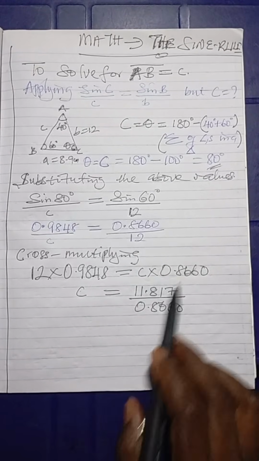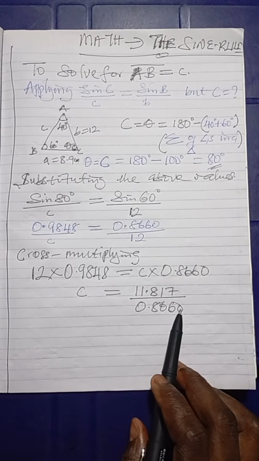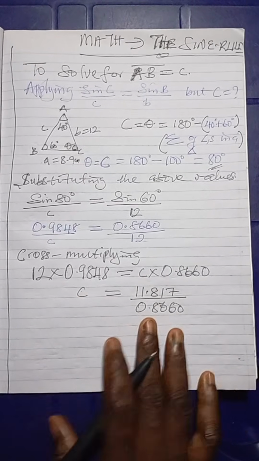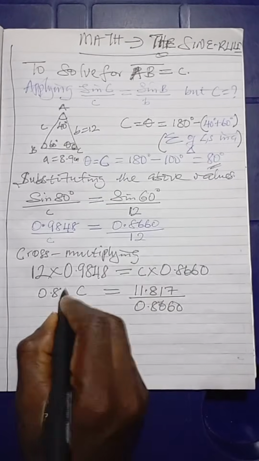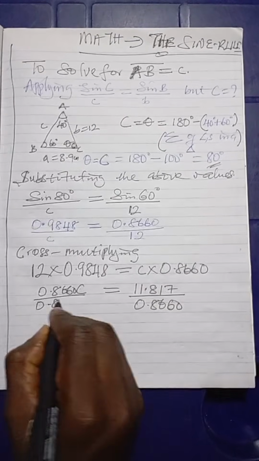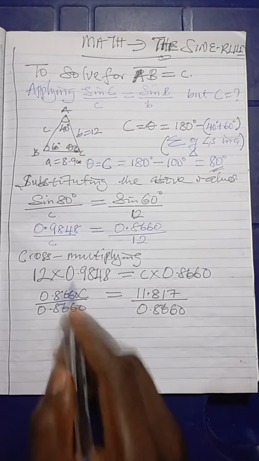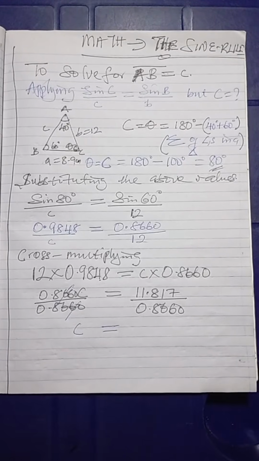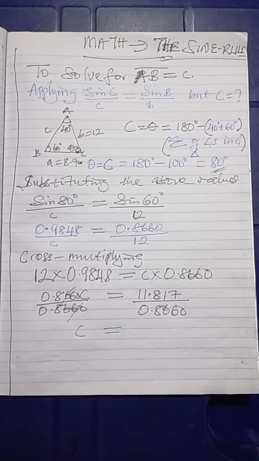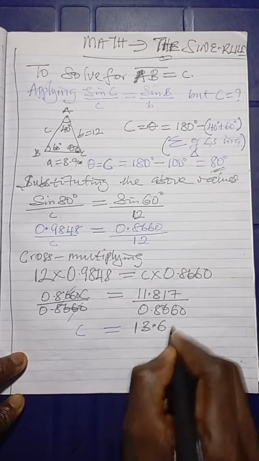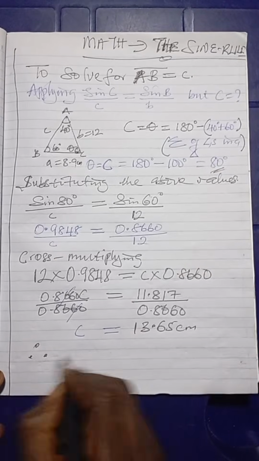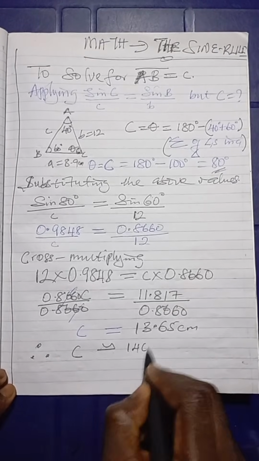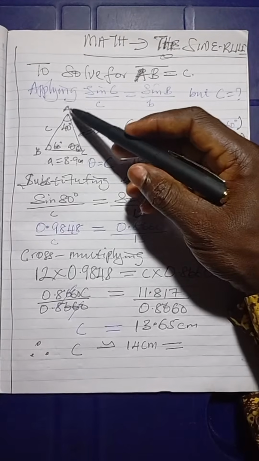Then divide through by 0.8660. So this can go, this can go. You now have c is equal to 13.65 cm. Therefore, the value of c is approximately 14 cm, and this 14 cm is our length AB.